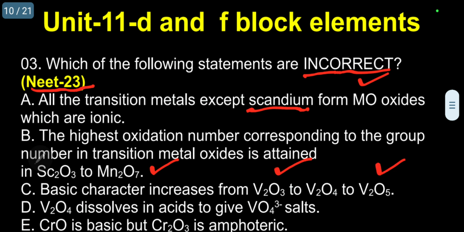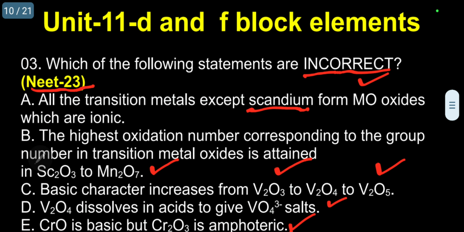D. V2O4 dissolves in acids to give V4+ salts. E. CrO is basic but Cr2O3 is amphoteric. Kindly follow, incorrect we have to find. You do carefully which is incorrect.